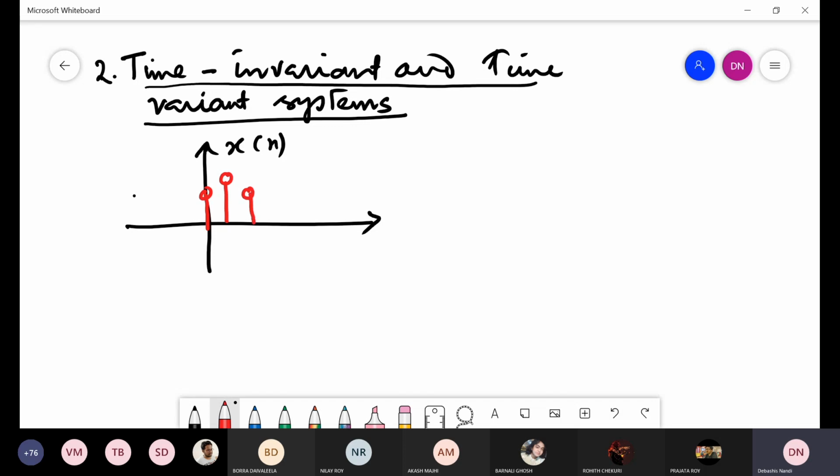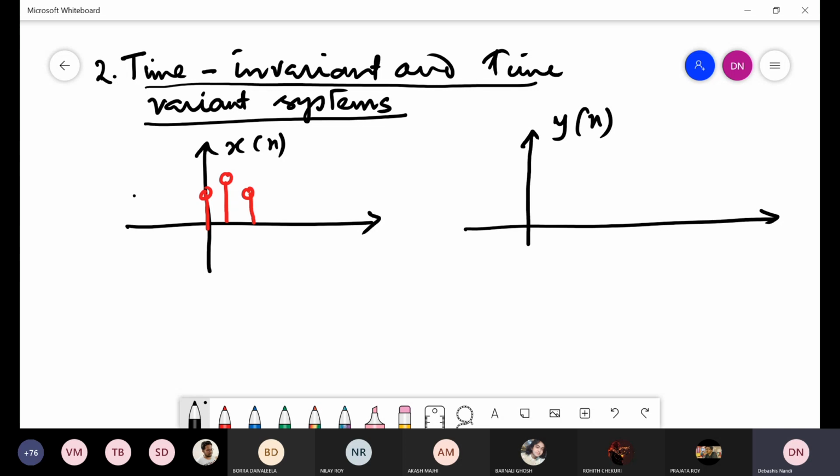This is the input signal. Okay, and suppose the system is such that yn for this system is like this. I am giving an arbitrary output just.